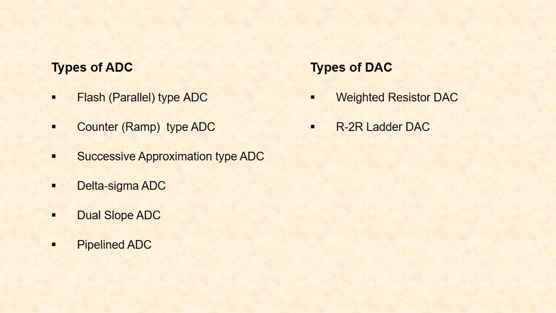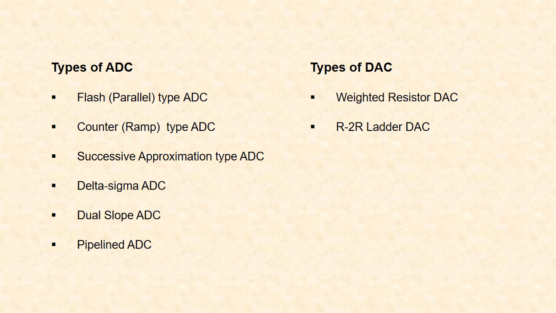Next, delta sigma ADC. Next, dual slope integrating type ADC. Next, pipelined ADC. Here, if you see, delta sigma and pipelined ADC are advanced ADC types. Flash type ADC is the fastest one and dual slope ADC is the slowest one.